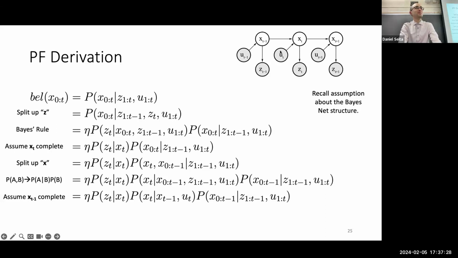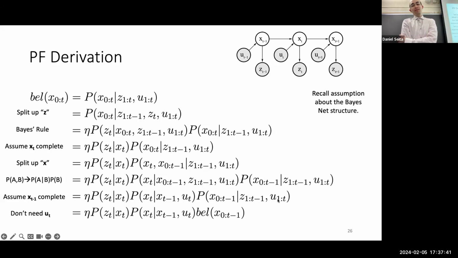We just dropped the t here, then it goes to t minus 1, and then we get our belief here.